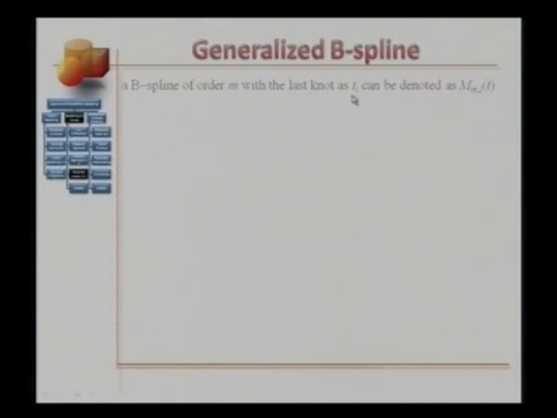And if you recall the nomenclature that we had just seen, this nomenclature will be capital M. The first index is small m, the second index is I. Capital M stands for the B-spline, small m stands for the order of the B-spline, and I stands for the index corresponding to the last knot over which the spline stands.